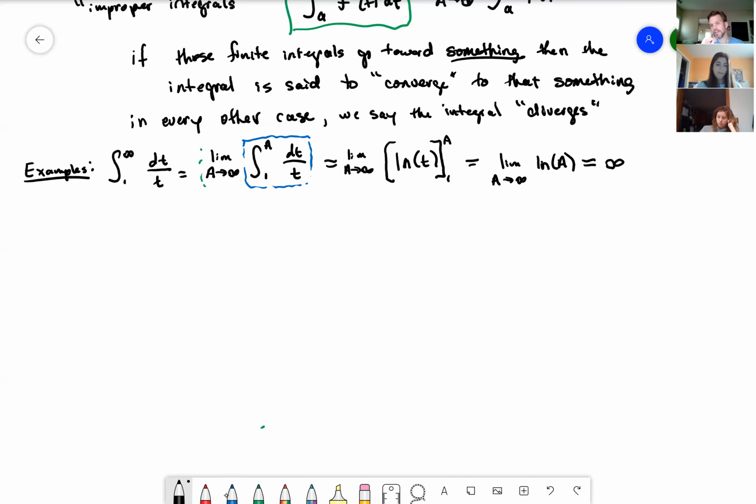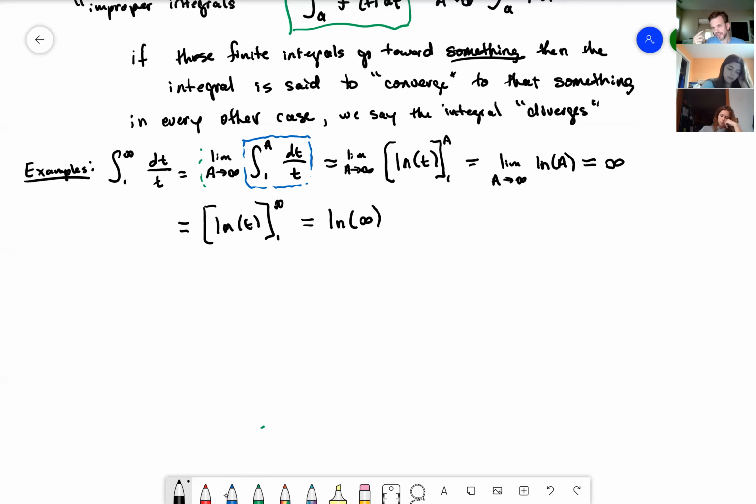Now, something that blurs the lines of what we're doing more, but I think is just as okay as writing this, is instead of writing this thing out as a limit, I just do the integral and plug in infinity as an upper bound. And what I end up saying here is that this thing is equal to natural log infinity.